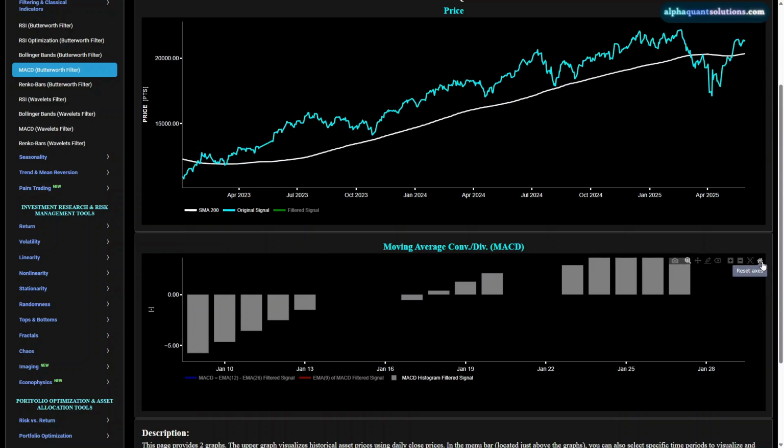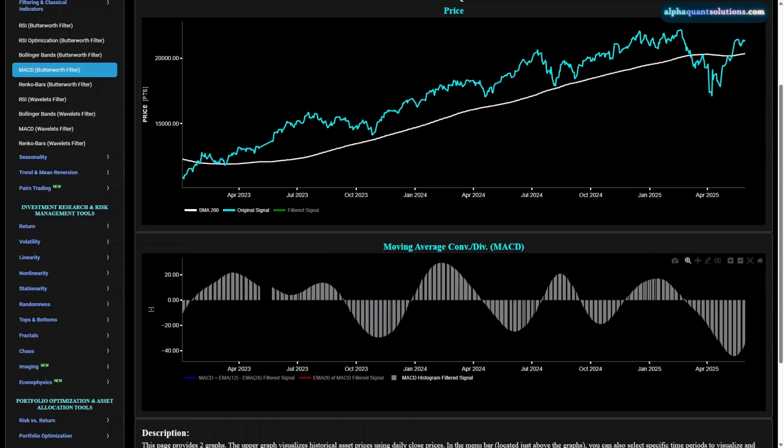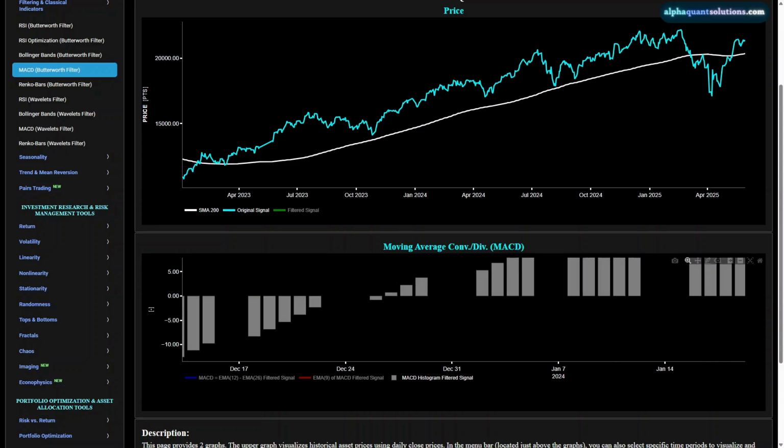Because remember, we had the constraints with the 200 SMA. The unfiltered price had to be above the 200 SMA, and also the VIX had to be below 25. The next potential entry is here. So let's zoom in. So that's around the 27th of December 2023.